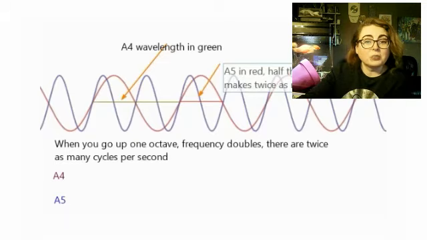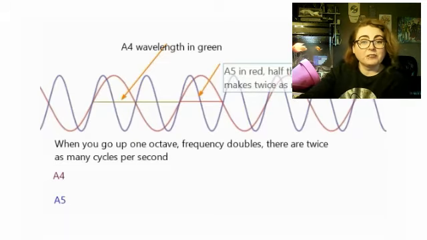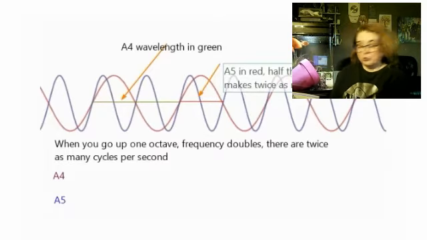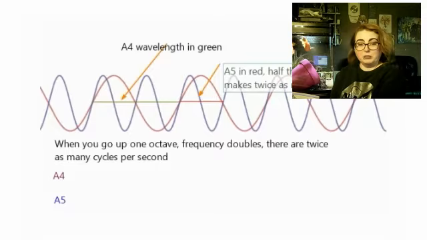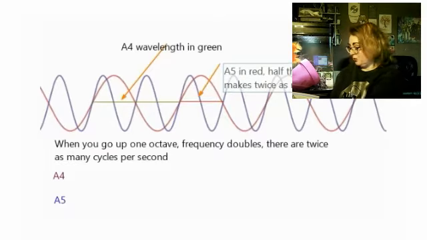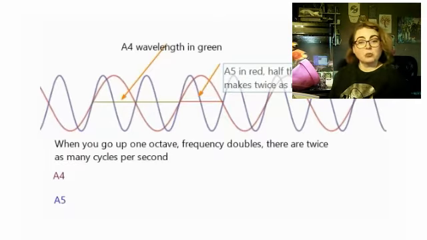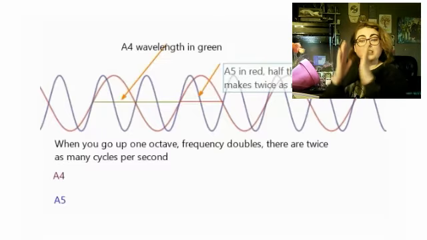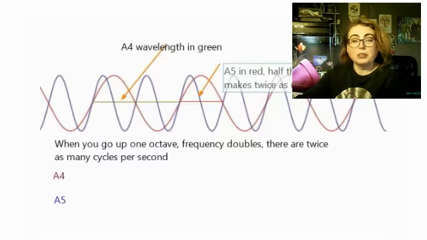So you see the wavelength in green of the A4 down here, and then the wavelength in red I've drawn of A5 up here, and you will see that it is half the size, so you get twice as many of those. So 1 octave, these all squish up, you get twice as many per unit of time.